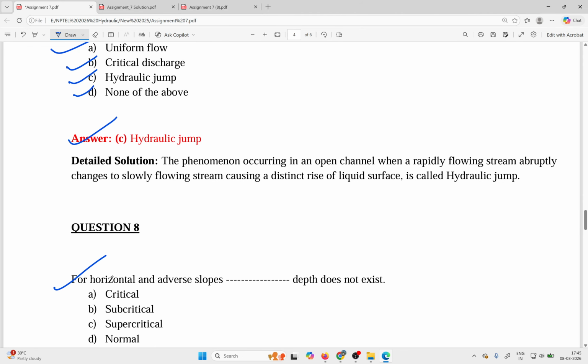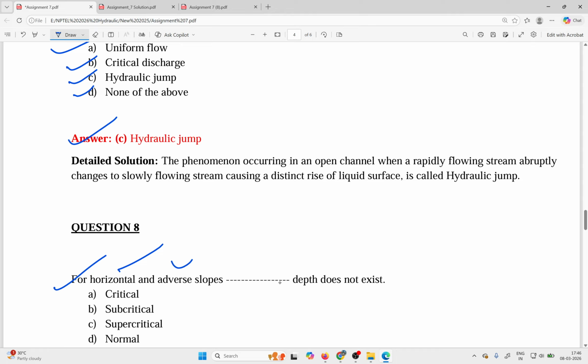For horizontal and adverse slopes, initially I was explaining about your critical slope, your mild slope, and steep slope. Now the question is from another slope, horizontal and adverse slopes.